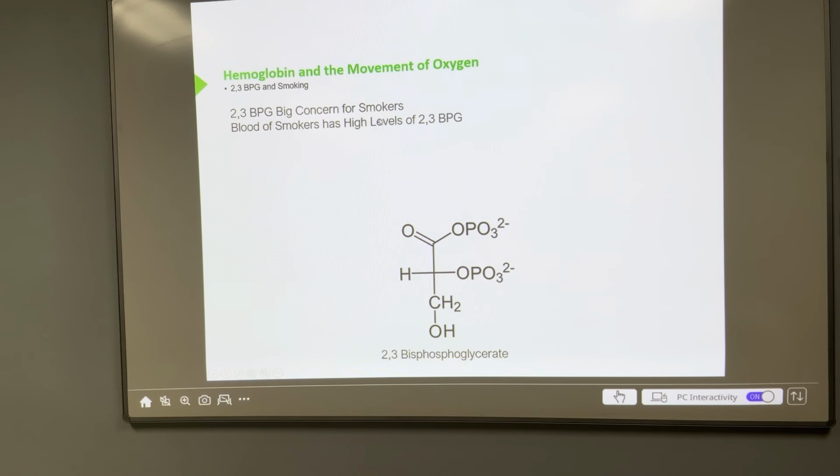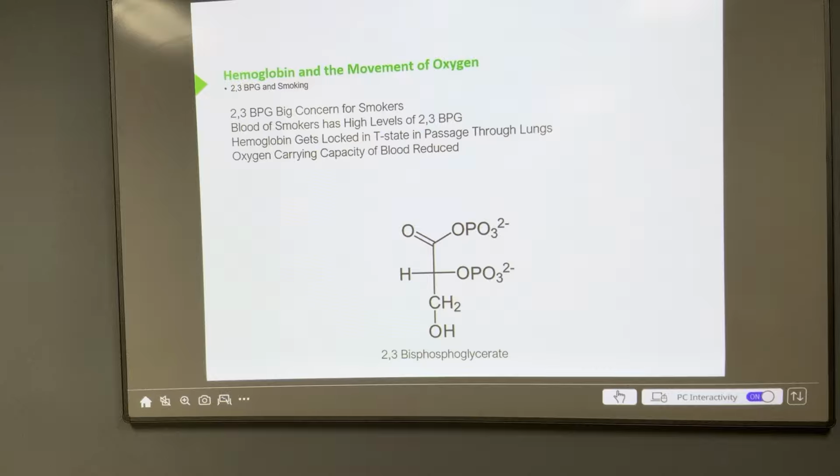2,3-BPG is a big concern for smokers. The blood of a smoker has high levels of nicotine and high levels of 2,3-BPG also, because it's a metabolic waste. So the hemoglobin is going to get locked into the T state in the passage through the lungs.